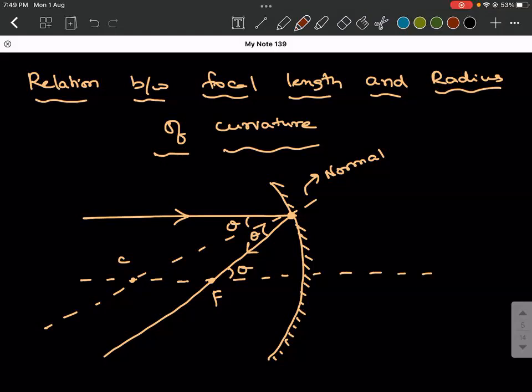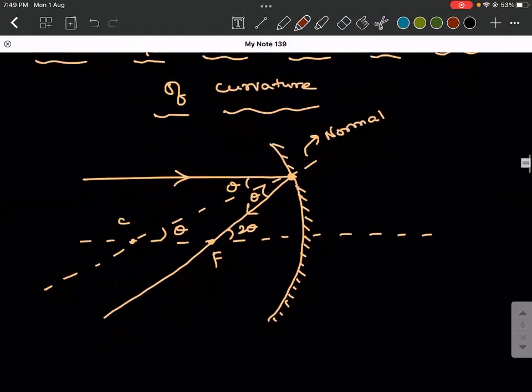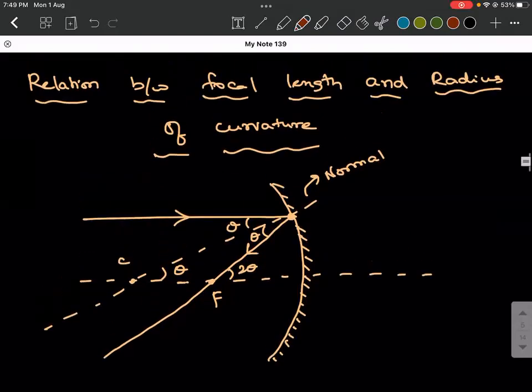Yeah, theta. So what will be this angle? Which will be 2 theta. This will be theta because of alternate interior angles, and this will be 2 theta because the exterior angle is equal to the sum of the opposite interior angles. Is the point clear?